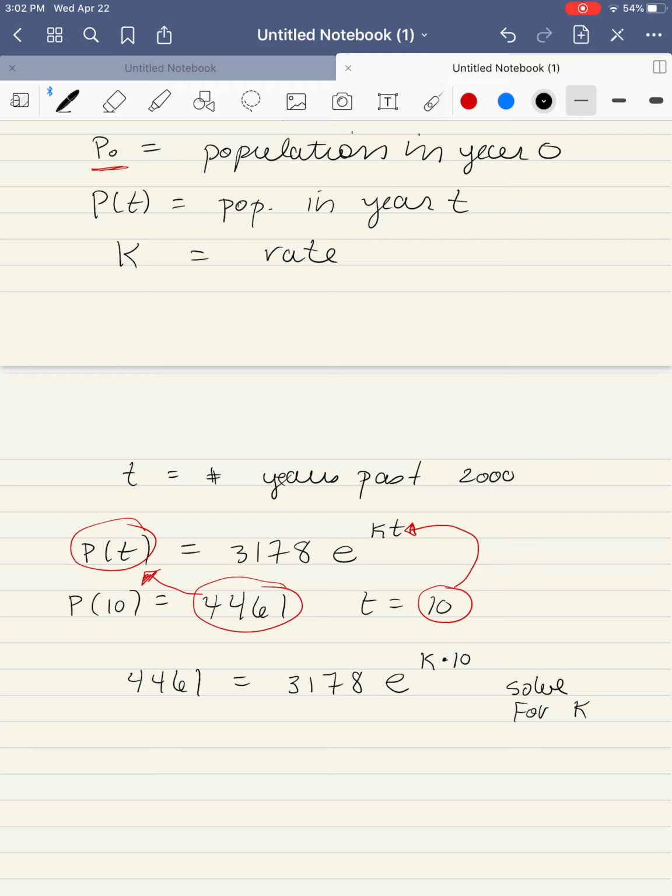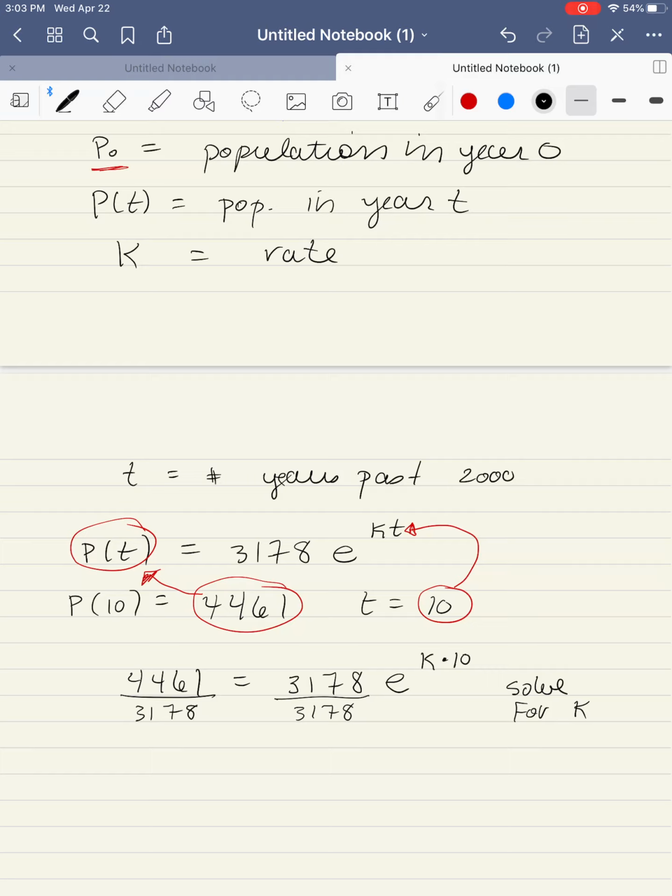And we can solve this for k. We can find the growth rate that would allow 3,178 to grow to 4,461 in 10 years. Now we know how to solve this equation based on what we've learned in previous lessons.